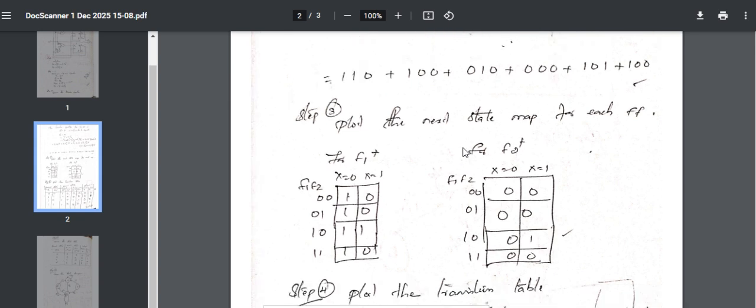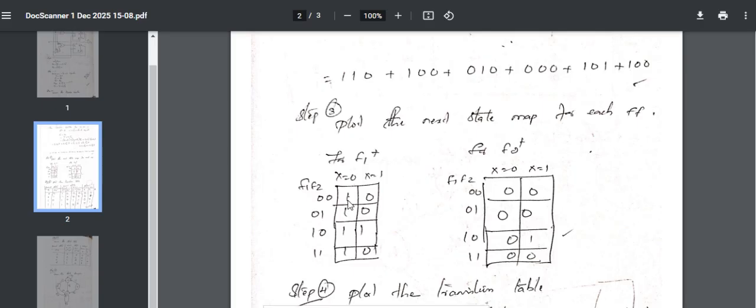Now step 3 is the next state map. How do we get the next state map? F1 and F2 are two terms and the third term is X. So we make a map keeping F1, F2 on one side and X on the other side, with all combinations. Now when F1, F2 and X are 0, 0, 0, we mark it as 1.